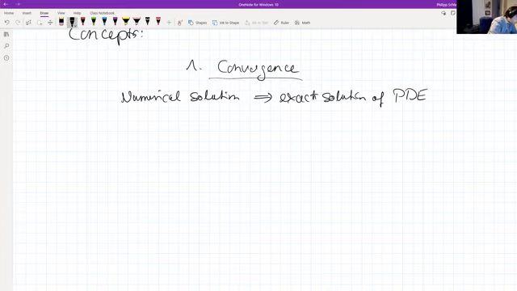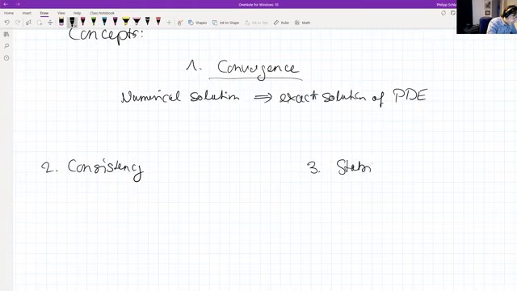So the steps we do is we look first at something that is called consistency, and then as the third thing we look at something that is called stability. Now, consistency and stability together are connected with a theorem which will imply that convergence is given. We will write that down in a second.